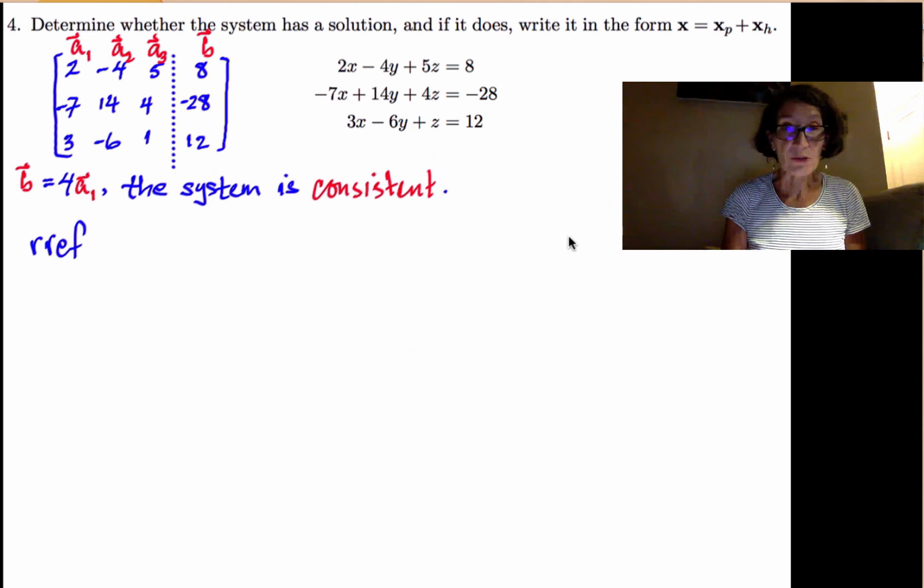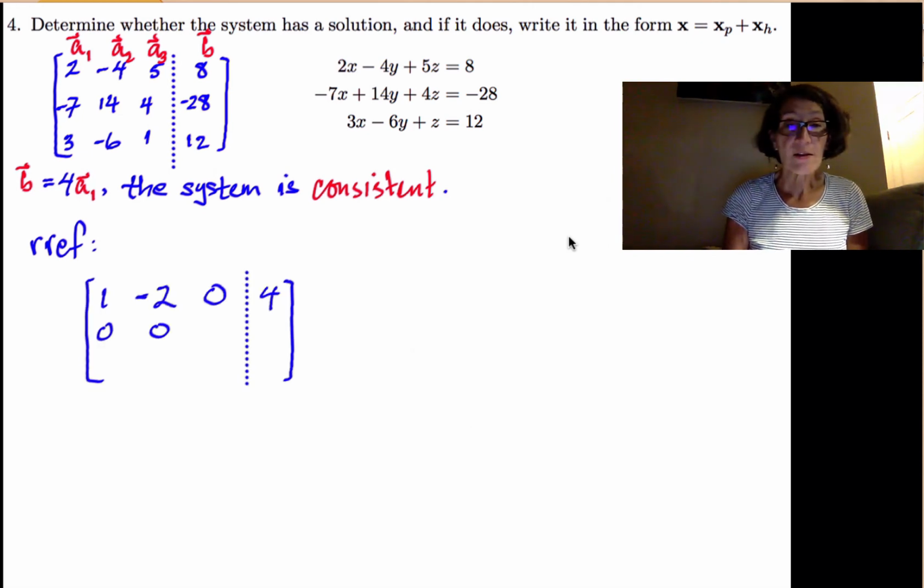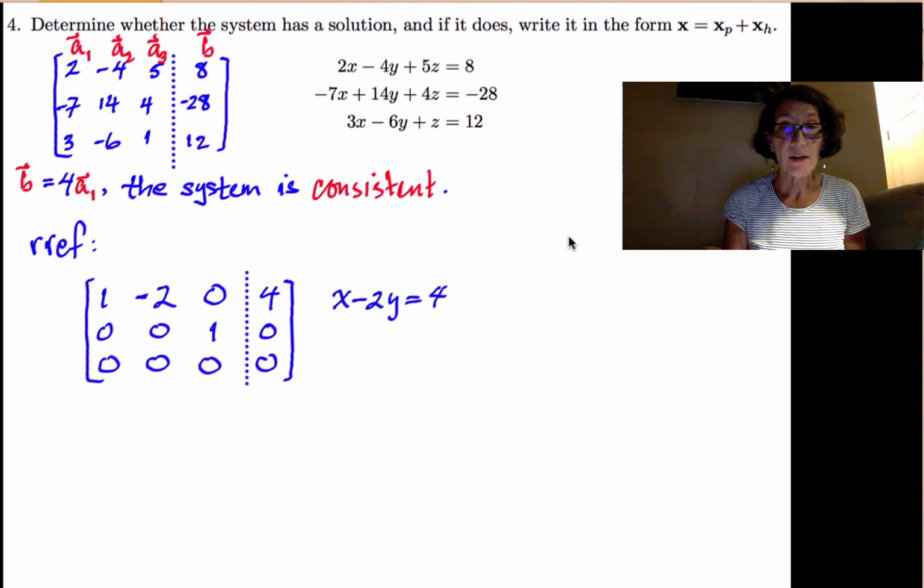All right, so now let's find the solution. Let's get the reduced row echelon form of that augmented matrix. Either using Gauss-Jordan elimination or technology, we get 1, -2, 0, 4, 0, 0, 1, 0, and then a row of zeros at the bottom. The first row gives us the equation x minus 2y is equal to 4. The second row gives us the equation z equals 0.